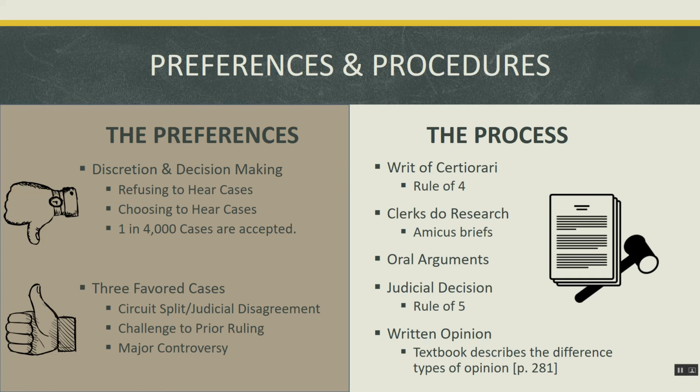Now, in conducting their research, clerks have a tendency to rely, at least in part, on what we call amicus briefs. An amicus brief is very simply an advisory opinion sent to the court by an interested third party, telling the court how it should rule and why. These are not legally binding. They are purely advisory.